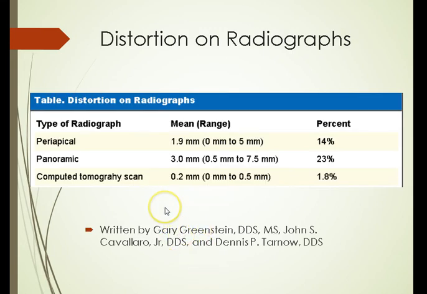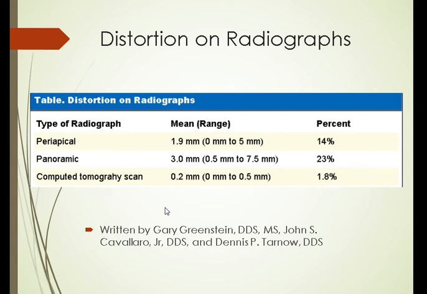One of the biggest criteria when you're looking at a radiograph, whether it be CT scan, pan, or periapical, is reliability. If something looks like 10 millimeters in the x-ray, you want it to be exactly 10 millimeters in the patient's mouth, because repeated reliability and accuracy is the most important thing.